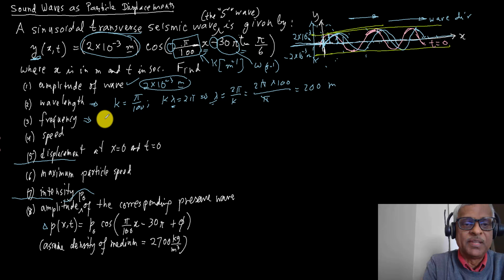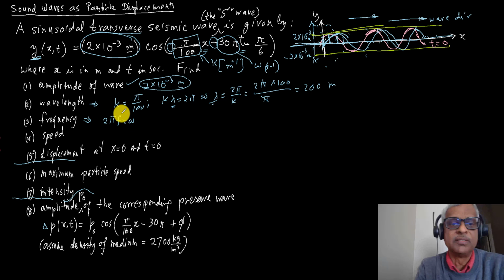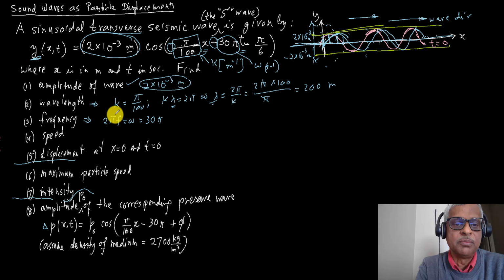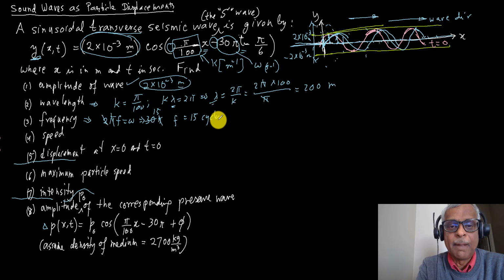Frequency is, 2 pi f is omega, and omega is 30 pi. So of course you can cancel pi, and then this cancels that, gives you 15. So this means f equals 15 cycles per second, or 15 hertz.